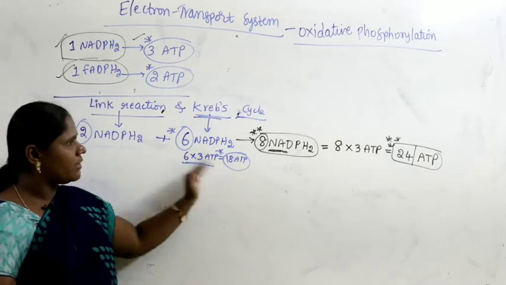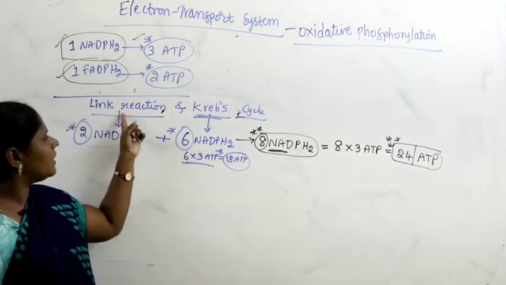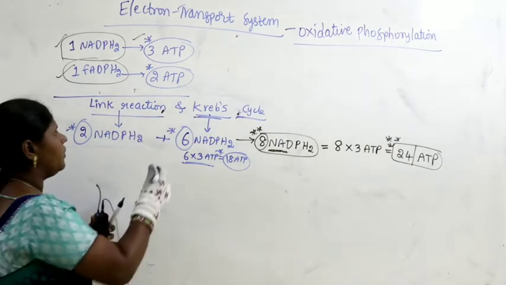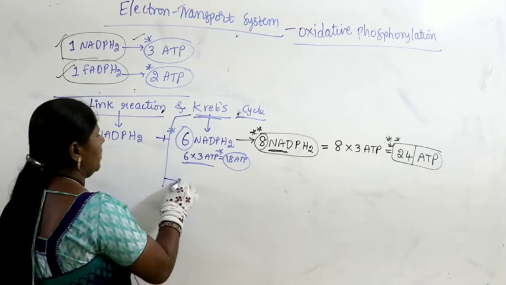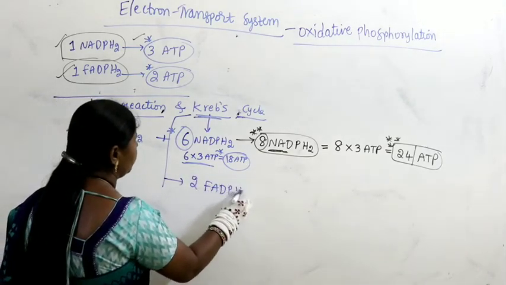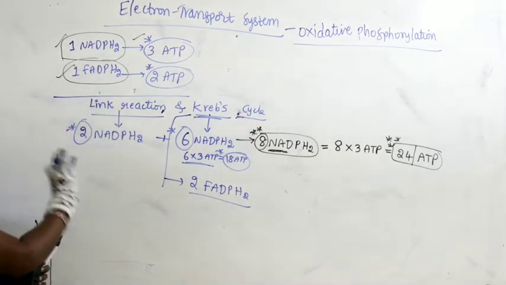That's why I am telling you stepwise, very clearly, and that's why I wrote very clearly link reaction and Krebs cycle. Now, similarly, if you talk about FADPH2, FADPH2 is produced only in the Krebs cycle. There is no FADPH2 in the link reaction, so I am not writing it there.